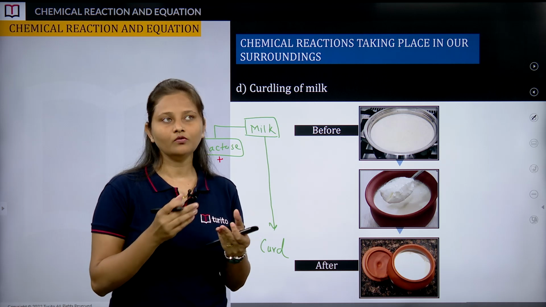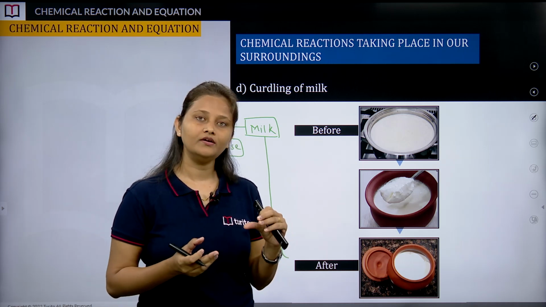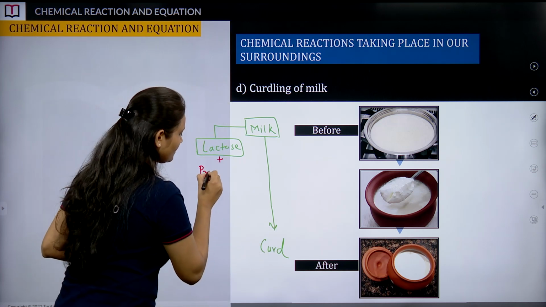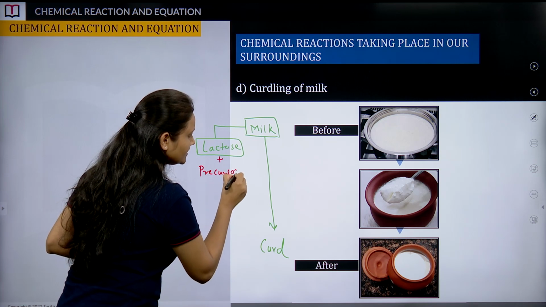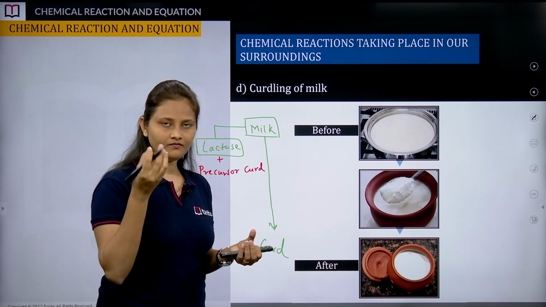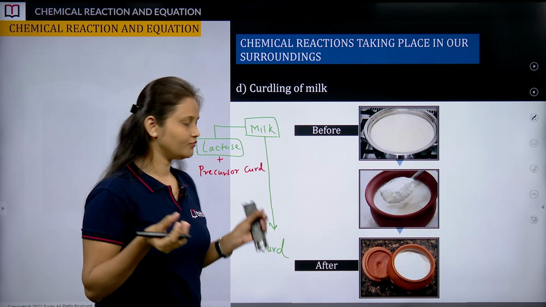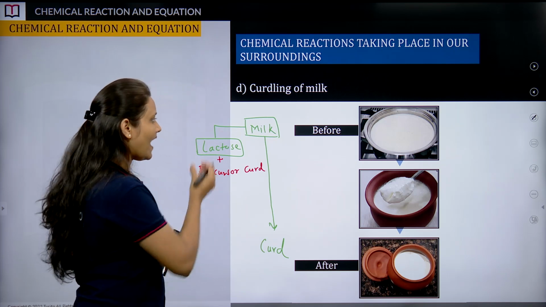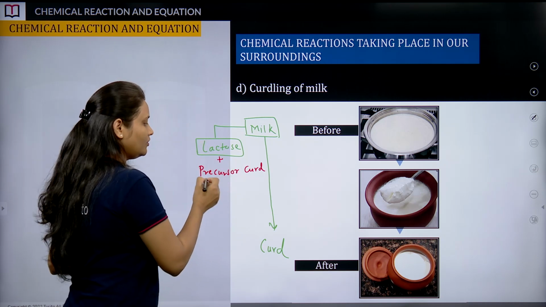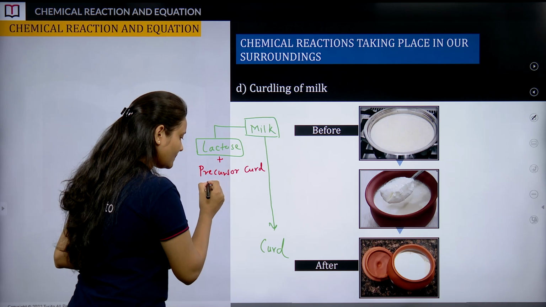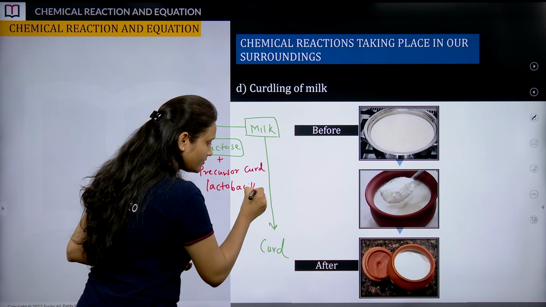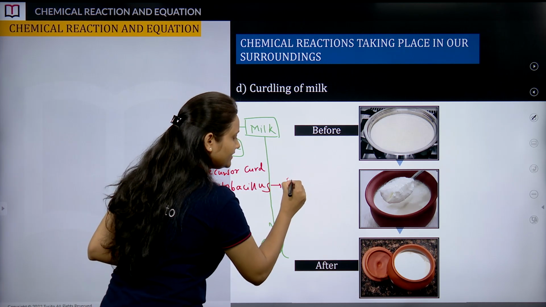We are not going to make it completely cold, but in warm milk we are going to add some precursor curd. We take 2-3 spoons of curd, which we call precursor curd, and add it to the milk which we have boiled, right? The milk has lactose, and the precursor curd has lactobacillus. This is nothing but a bacteria.